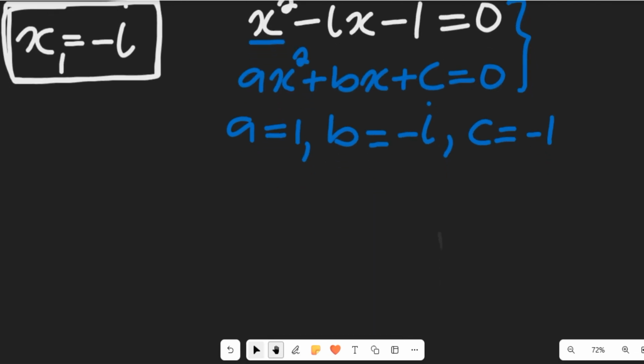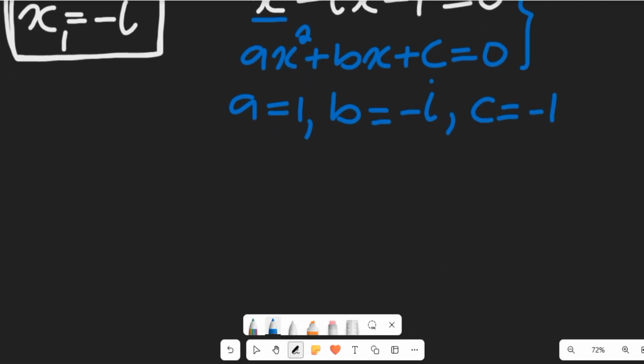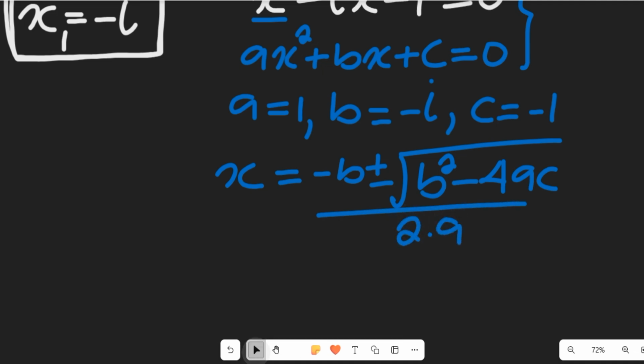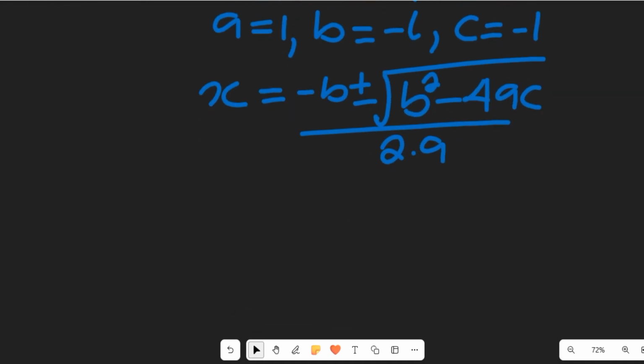Now using the quadratic formula, we'll have the value of x equal to negative b plus or minus the square root of b squared minus 4ac, all divided by 2 multiplied by a. Now insert those parameters into this expression.